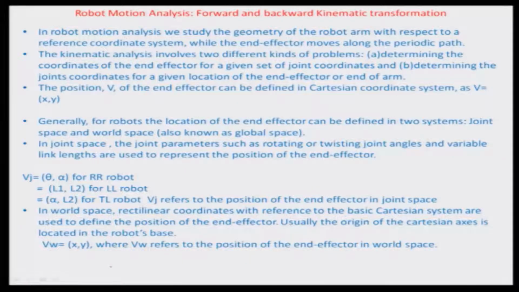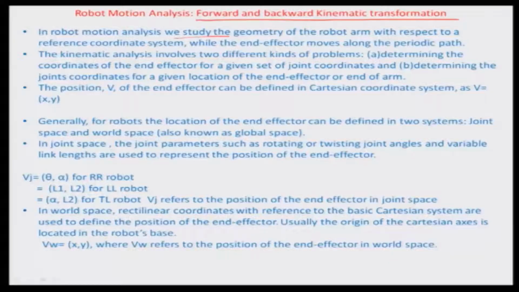The other important aspect in robotics is the kinematic transformations. Robots, as we already know, are systems with various linear, revolving, rotating, twisting kinds of links, with different length aspects and angular aspects associated. So there is a geometrical relationship between the base of a robot and the end effector, and the way it moves with respect to the base.